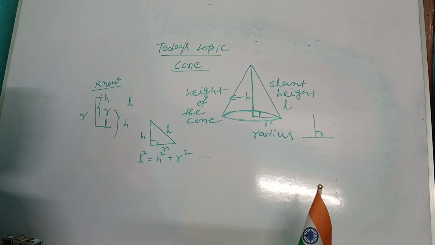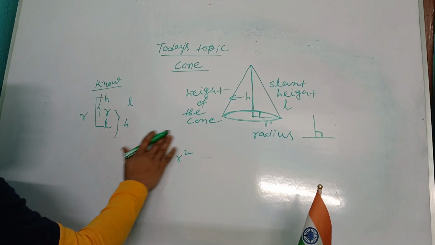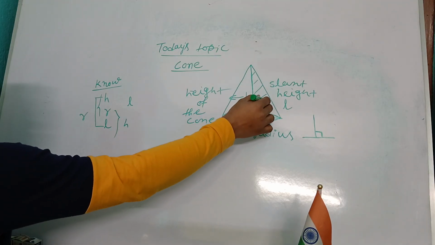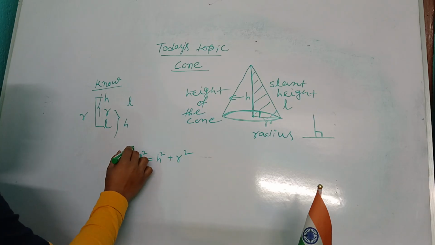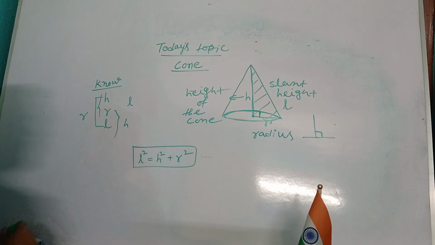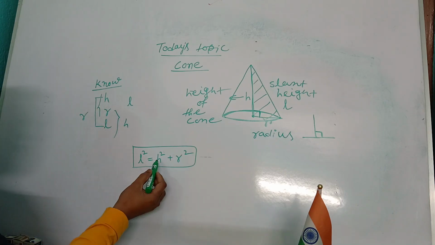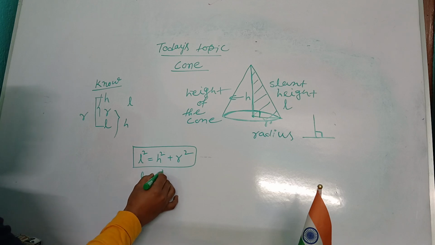So our formula from this right angle triangle is L square equals H square plus R square. Suppose H and R are given, then we can find L equal to the square root of H square plus R square.